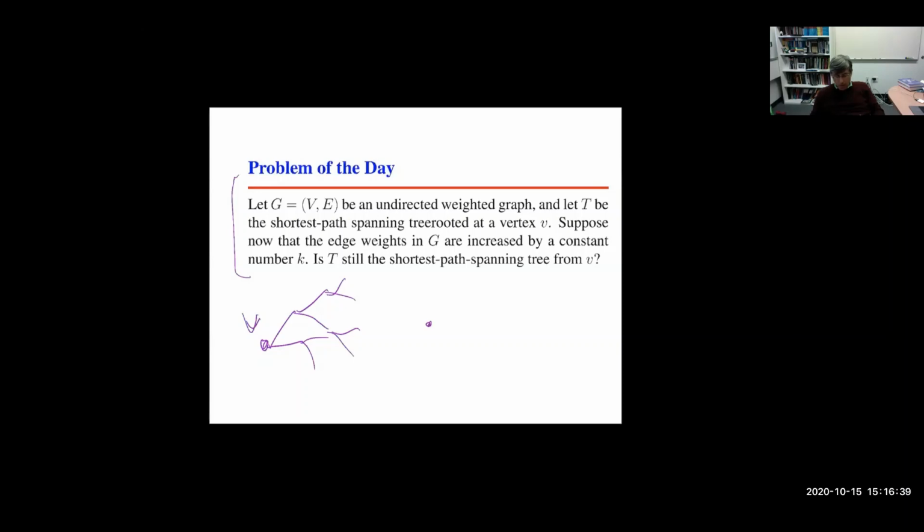Okay. So I think I want something with 3 vertices, right? What if I had an edge here that was 1? What if I had an edge here that was 1? And what if I had an edge here which was 3? And I want to go from S to T. What is the shortest path spanning tree from S for this graph?